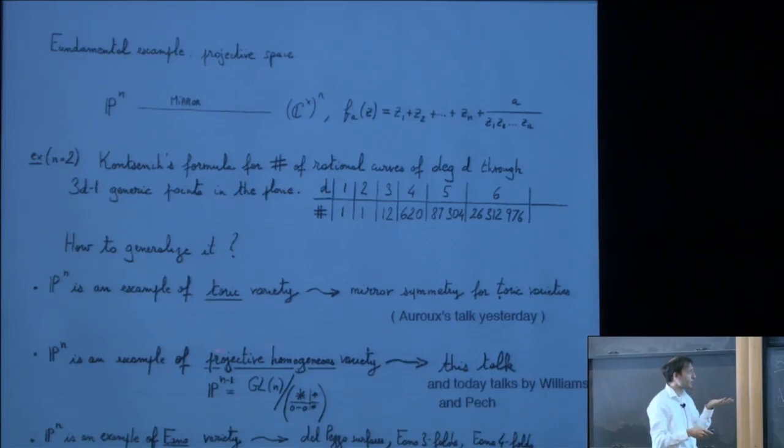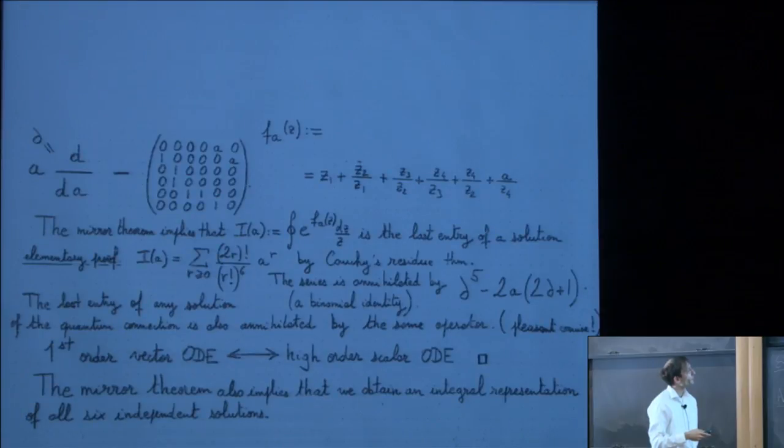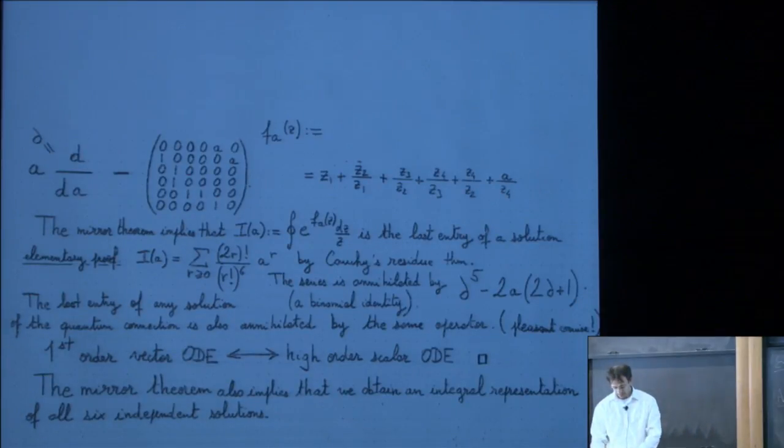And this talk is in the direction of going to projective homogeneous varieties, so you replace Pn by some other G mod P. And maybe in Europe, there is a large program of looking at low-dimensional Fano varieties, like del Pezzo, 3-folds, 4-folds, and so on.